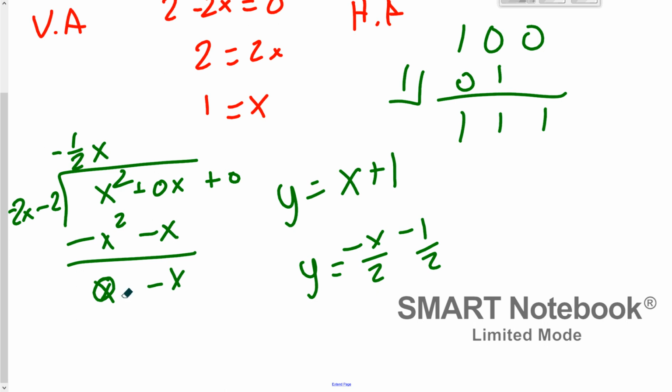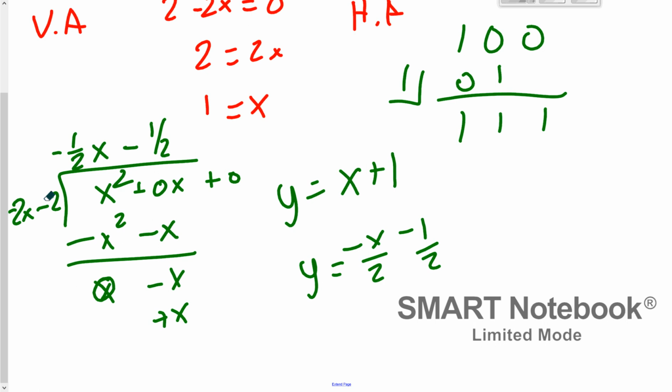Then what do I have to multiply that by? That is a negative again, and negative 1/2. So negative 1/2 times negative 2x is a positive x. Oh, and then if I subtract, that's actually not going to cancel out, right?